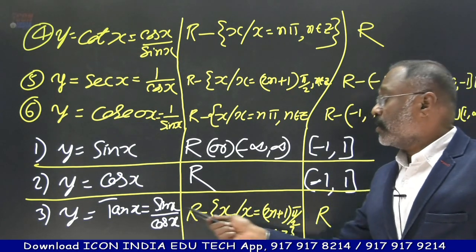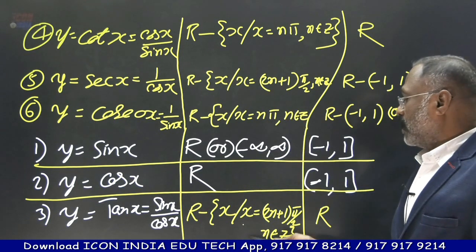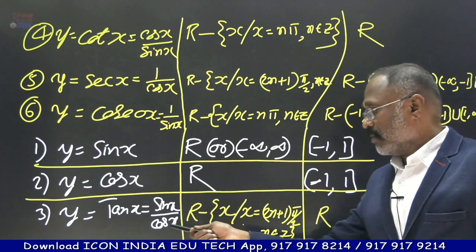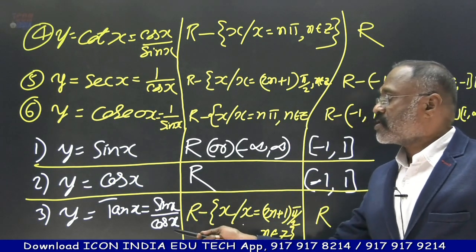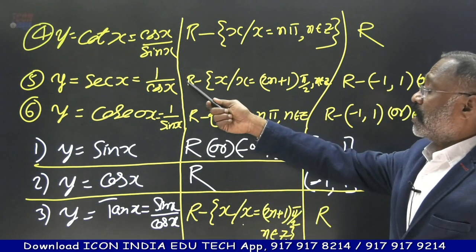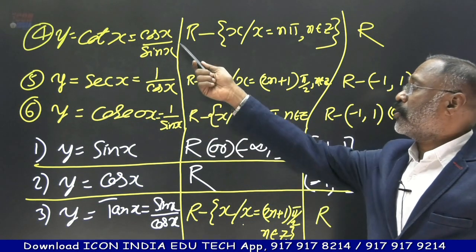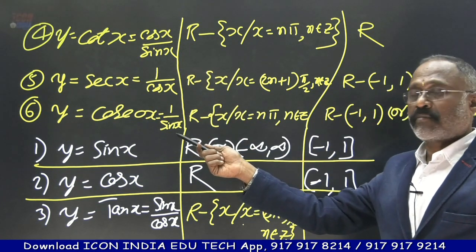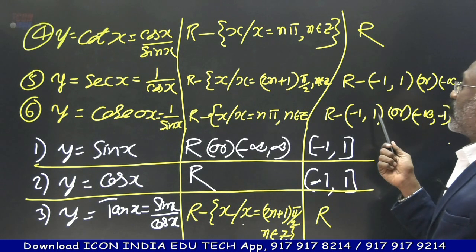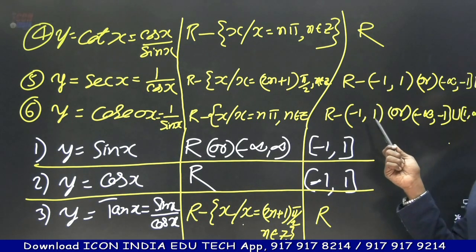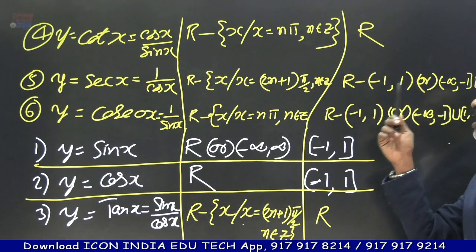And the tan x domain and secant x domain are one and the same. Just check it out, because the denominator of both is cos x. Similarly, the domains of cot x and cosecant x are the same, because the denominator of both is sin x, and the ranges of secant x and cosecant x are one and the same. That is, they never lie between minus 1 and plus 1.